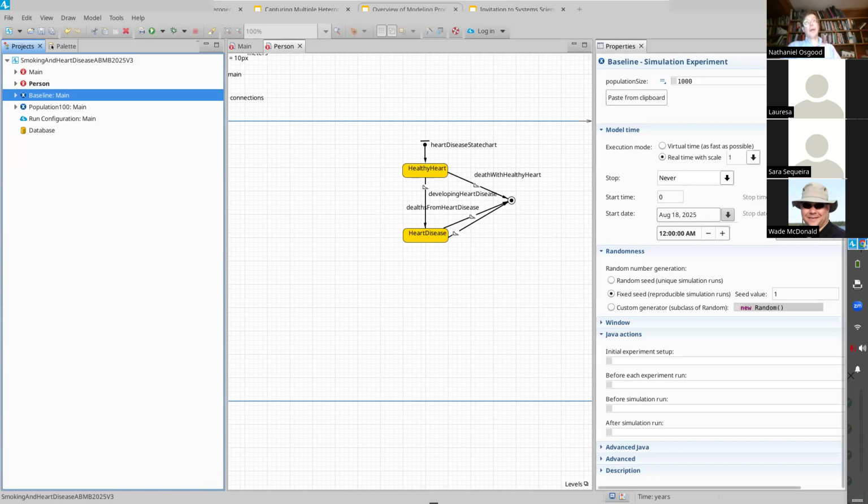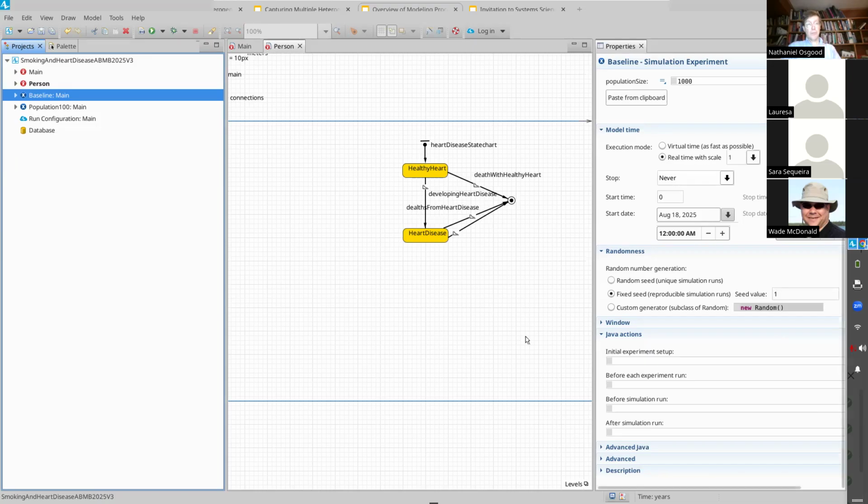But I think after there are no more agents to do things and there are no events, it will essentially say, okay, I'm done. If we want something different, we would have to create different state charts. No, we don't have to, Sarah. We'll be seeing how we can make death rates, for example, change by smoking status or by age, etc. We'll see how to do that.